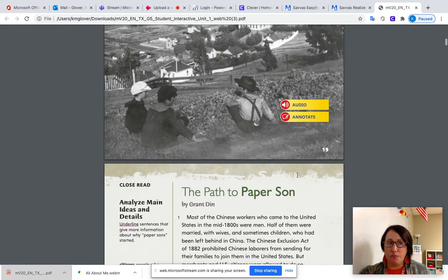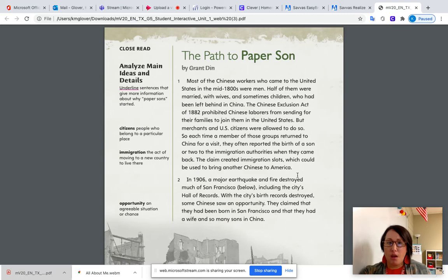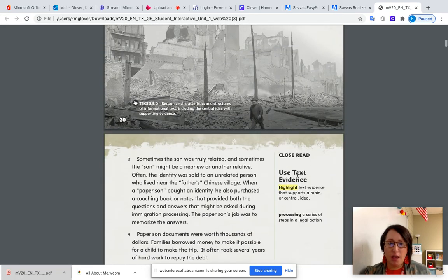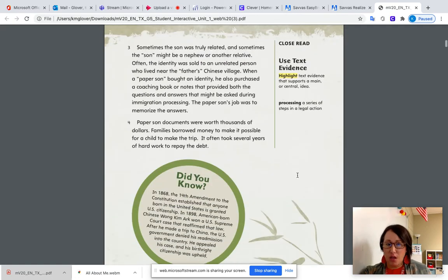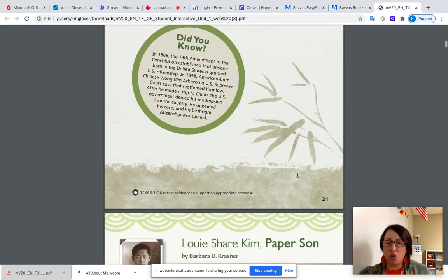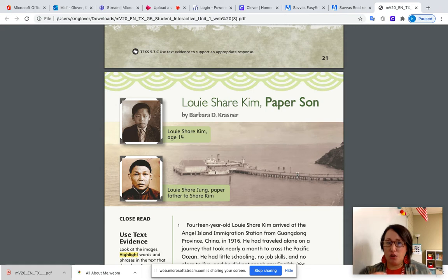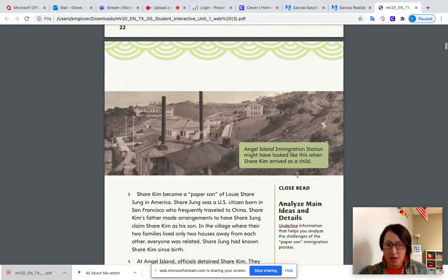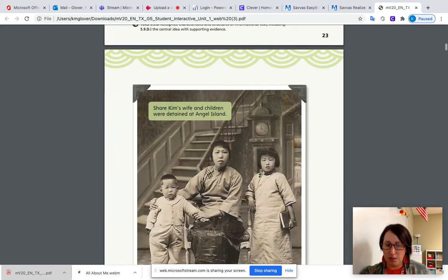So, what I mean by that, if you think back to what you have learned in the past, your text features are pictures, charts, graphs, captions, underlined words, bold faced words, any of those things that help draw attention and explain information in further detail. Okay. Also, headings and subheadings, even though I don't see any subheadings.